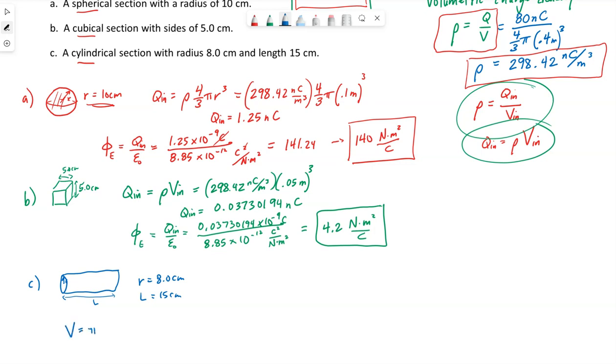The volume of a cylinder is pi r squared L. But again, since we're calculating flux, we need to find Qn, and we're going to find it in a similar way: the charge density times the volume that is enclosing that amount of charge.